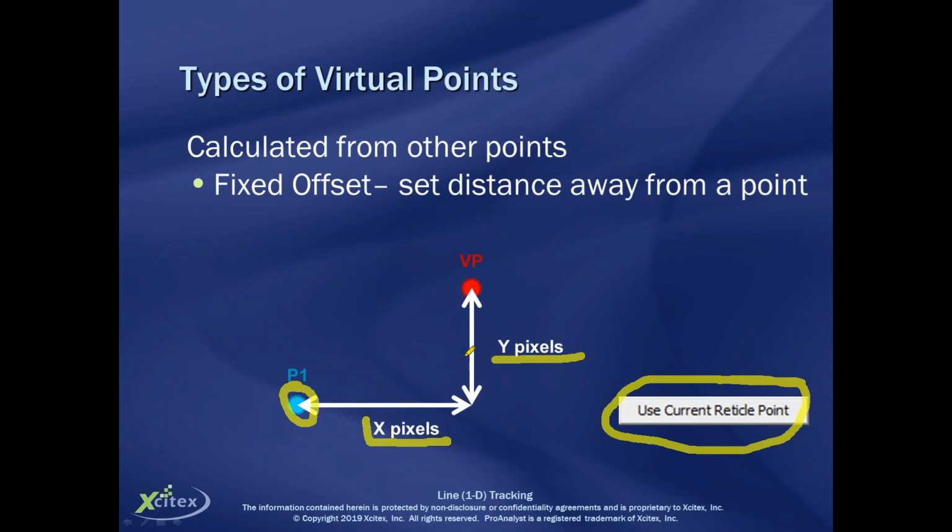This is only going to work when you have motion within a flat 2D plane that is not rotational, but it is a way to offset the point for a rigid body based on these two values here. And again, we can just click the use current reticle point button to generate this virtual point's location.